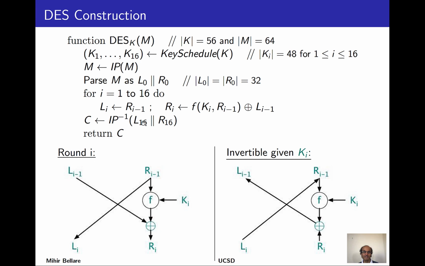When you have your 16th round completed, you run it through the inverse of this permutation. This is a permutation on 64 bits, unkeyed, and that result is the ciphertext. Now immediately all kinds of questions can come up. For example, why these permutations? They have no effect on security since they're unkeyed.